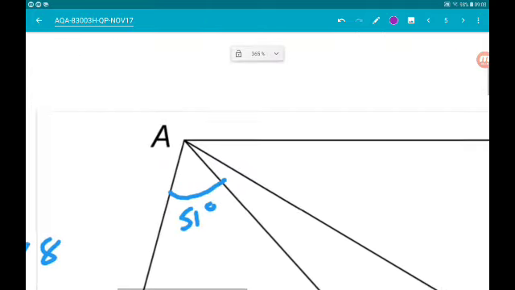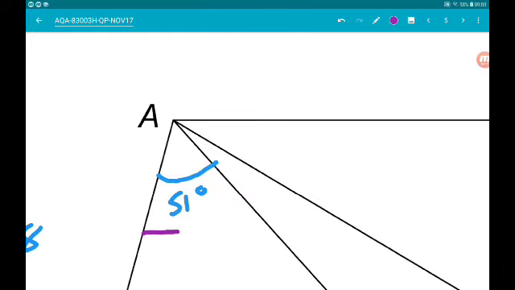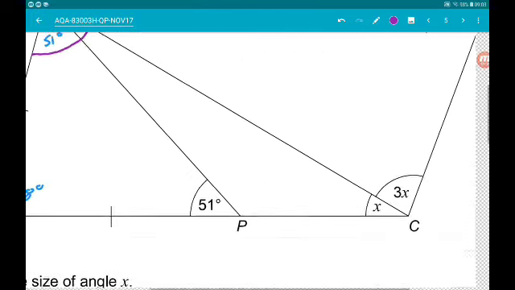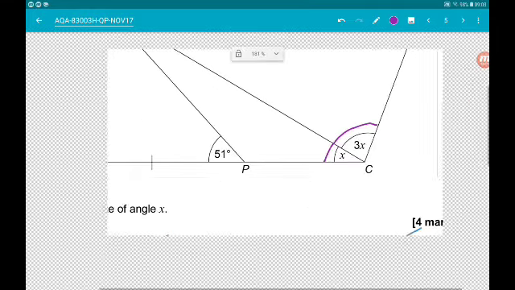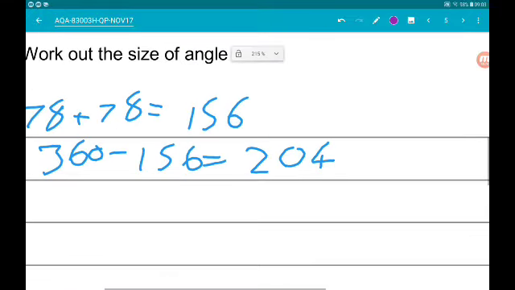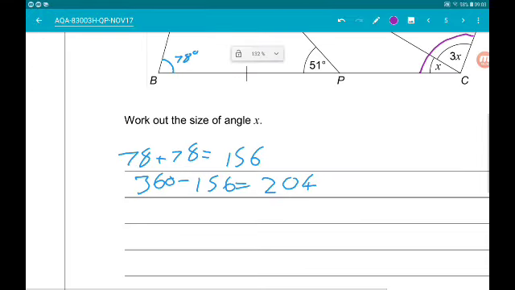Now that means that these two other angles, so all of this and all of this added together total 204.